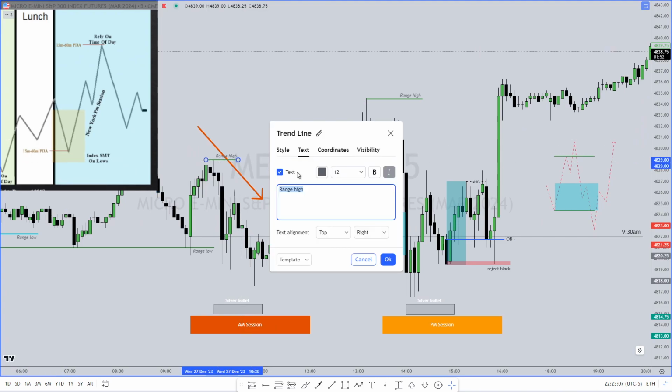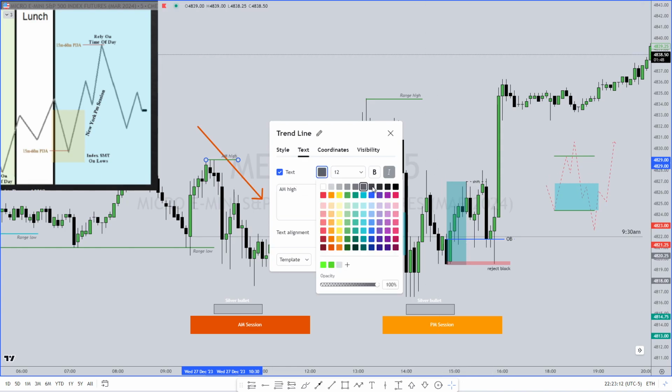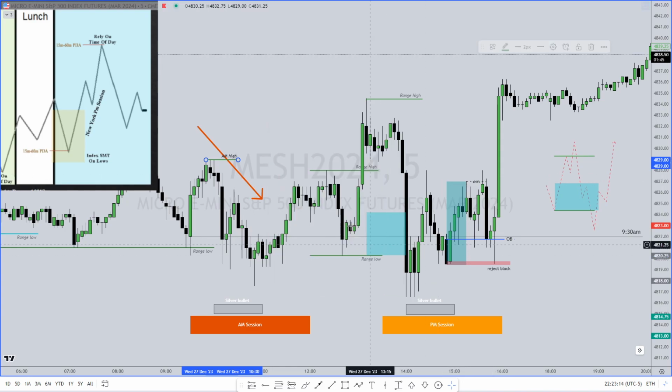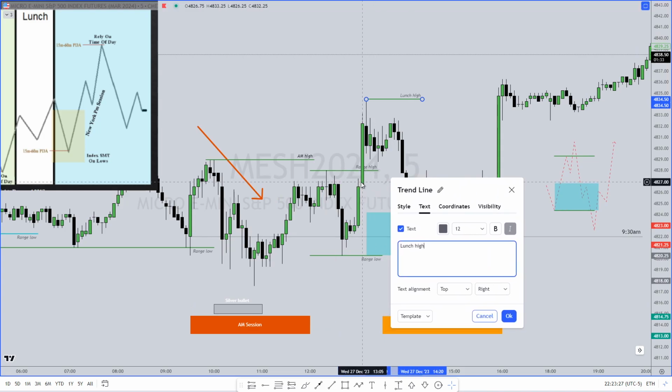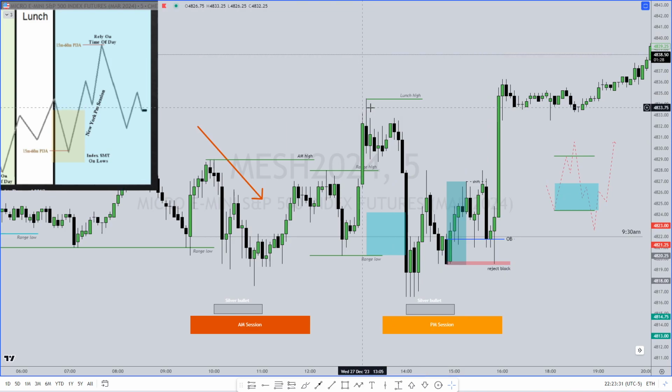So this AM high and the lunch high, or let's call it an early PM high. So this was at 110. So it's still before 130, so it still counts. So these 2 highs had not yet been taken in the PM.